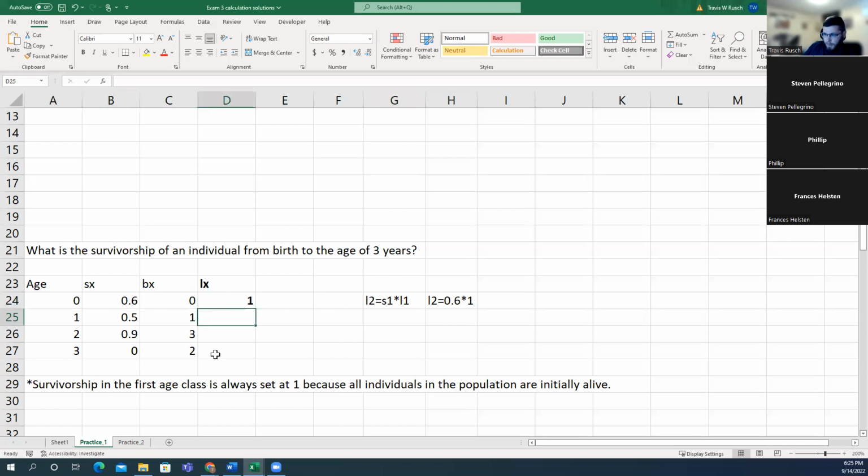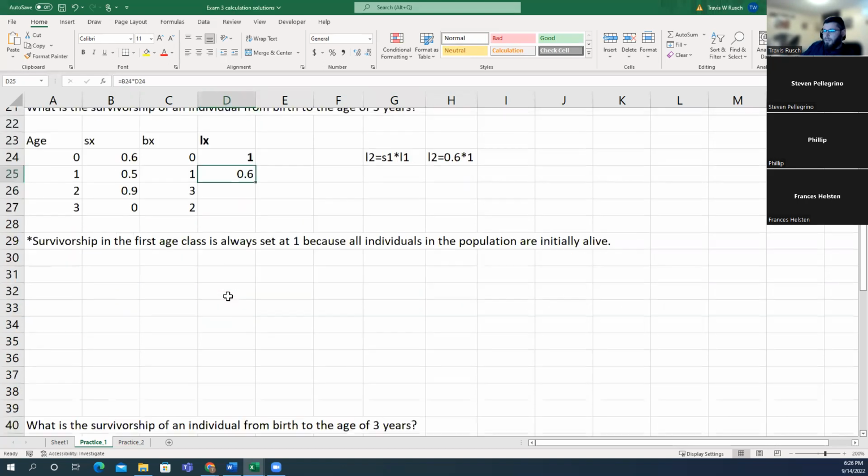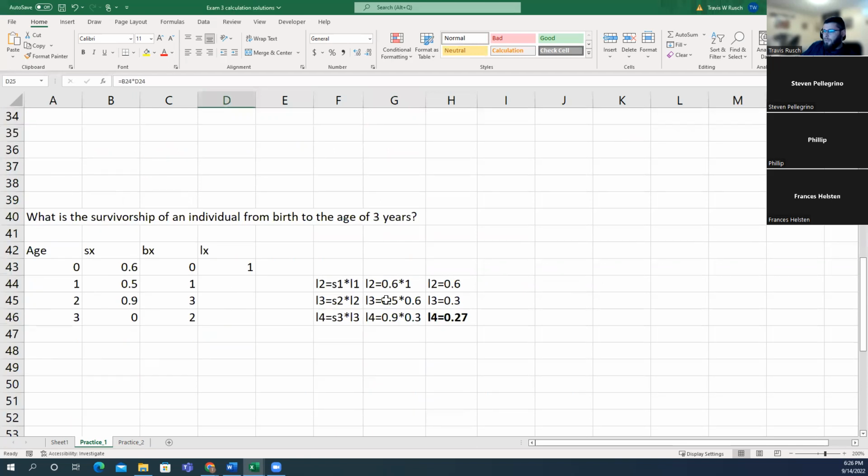So now we want to fill in this column, right? How do we solve to get L2? That equals S1 times L1. We have S1 is 0.6 and we know L1 is 1. So 0.6 times 1, we know that L2 is going to be 0.6. And we can do the same thing for the rest, where we just plug in.